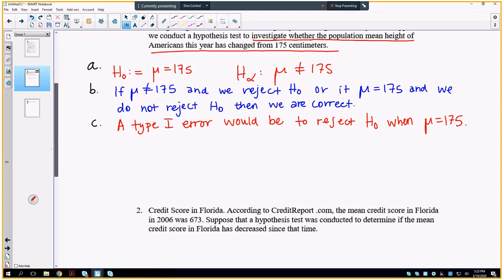On the other hand, a type 2 error would be the other one. A type 2 error would be not to reject it even though it's false.